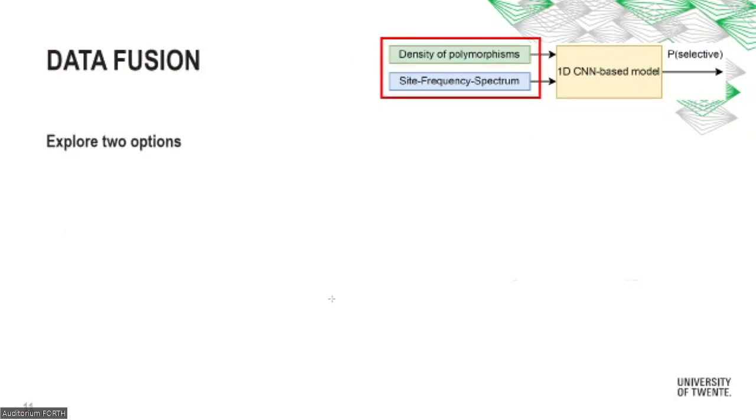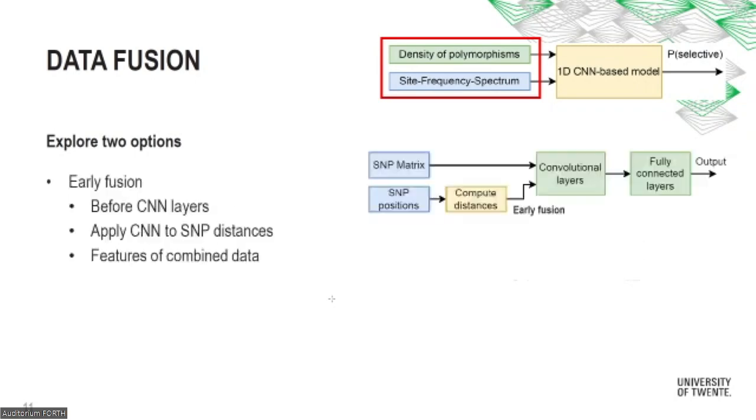To fuse these two features, we explore two different methods. So either we can use early fusion. Early fusion means that we combine these two features at the start of the network, and we use both features as different channels as input to our CNNs.